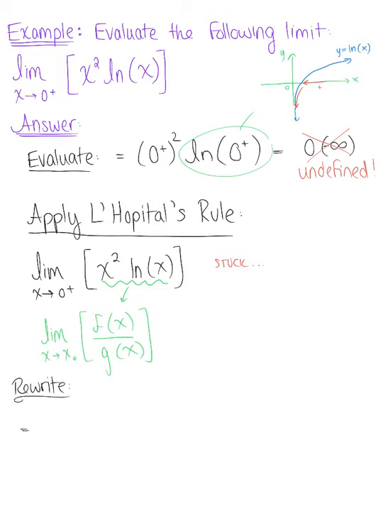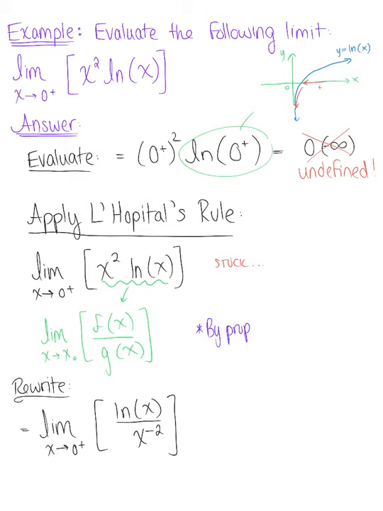So this is equivalent to the limit as x approaches 0 from the right-hand side. And I'm going to leave the logarithm in the numerator here as the natural log of x. But x squared is also equivalent to x to the negative 2. And this is by our properties of exponents.